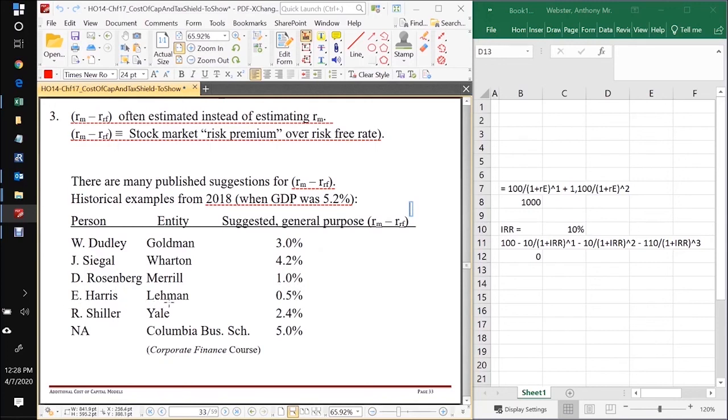And an analyst at Lehman, yes, there is a Lehman successor firm, suggested 0.5%. And Robert Shiller, a Nobel-winning laureate at Yale, suggested 2.4%. And at the time, the Columbia Business School MBA program was using 5% in their intro corporate finance course. So you can see there's a huge range here, and hopefully you're starting to get the sense that CAPM might not be so good because of all these problems, these huge ranges, and which one do you use, et cetera.